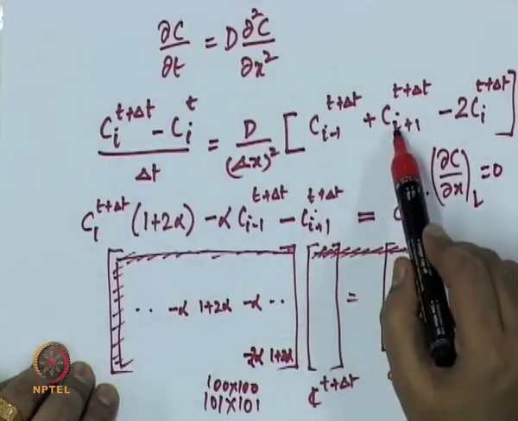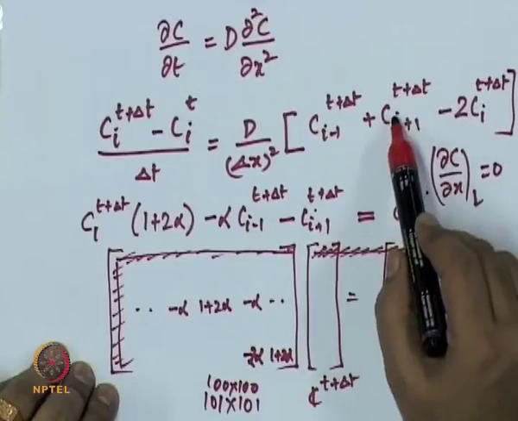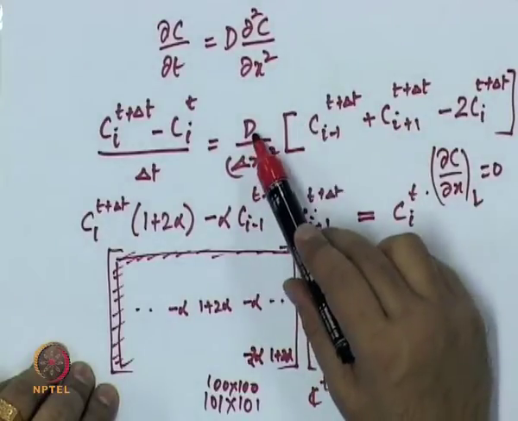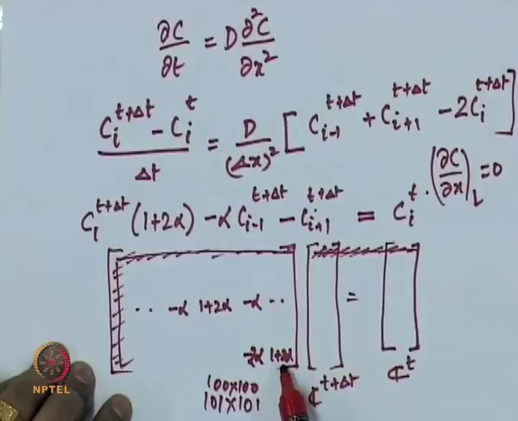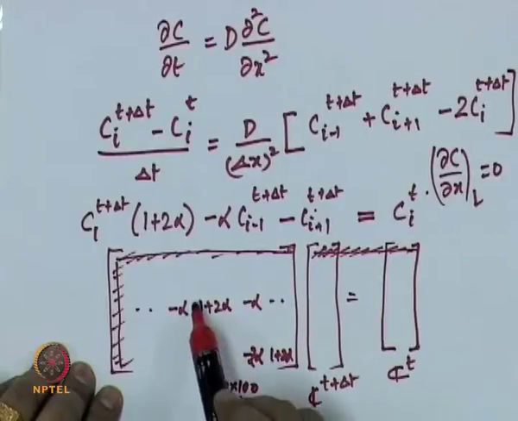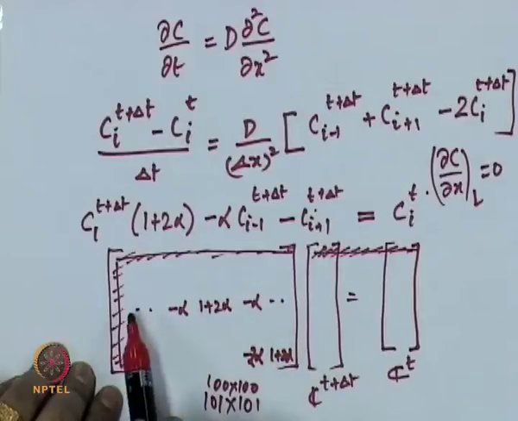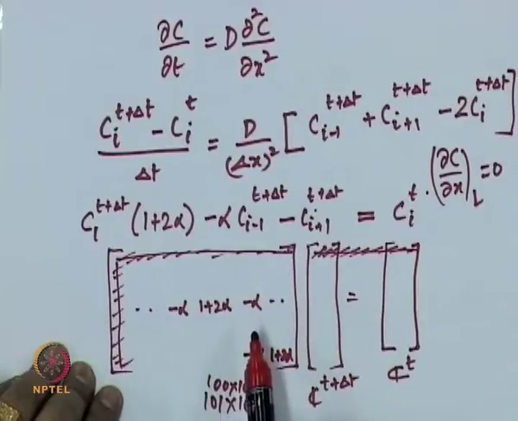So, Ci plus 1 was replaced by Ci minus 1. So, it becomes 2 times alpha times Ci minus 1 just for that last point. So, only for the last point, that is, if you have a 100 by 100 matrix, then the 100th row, 99th column will be minus 2 alpha instead of just minus alpha, because there is no point beyond. In the others, the diagonal term is 1 plus 2 alpha, to the right and to the left you will have minus alpha, minus alpha.